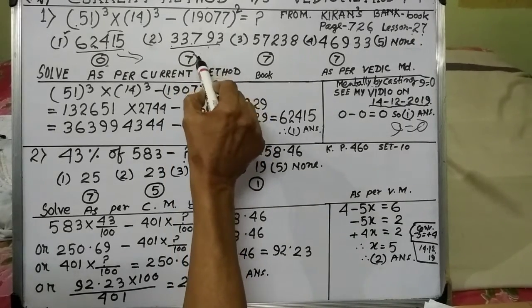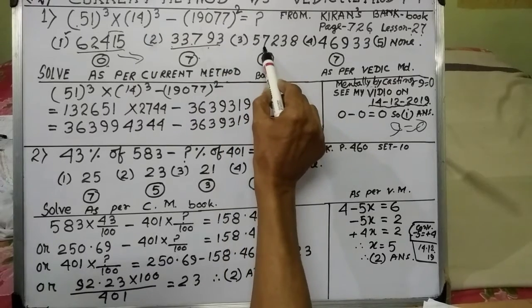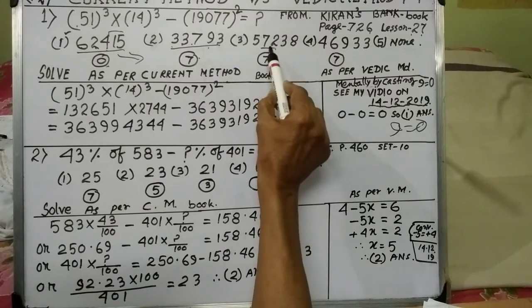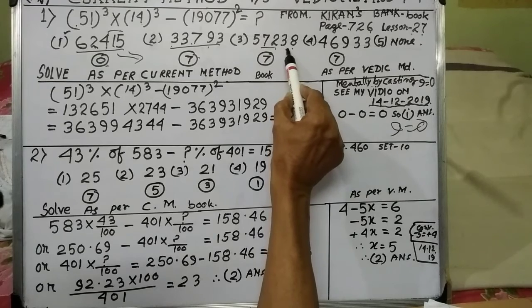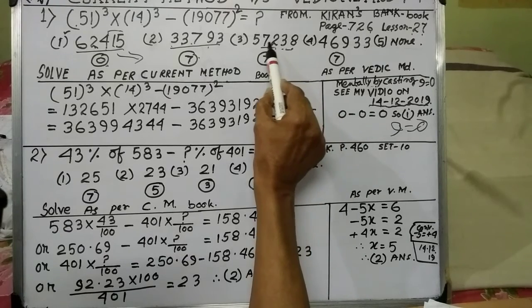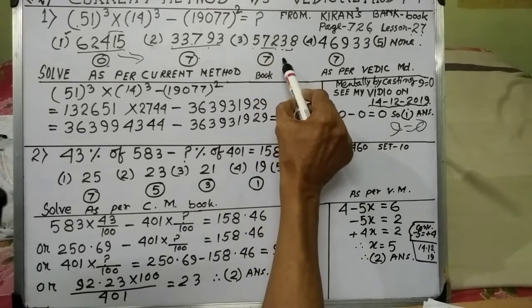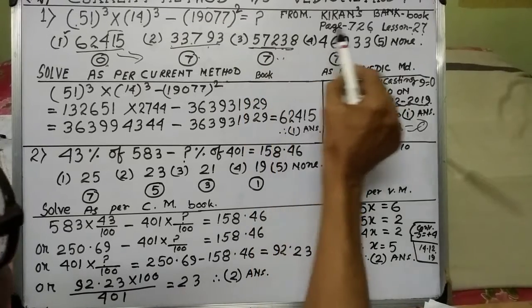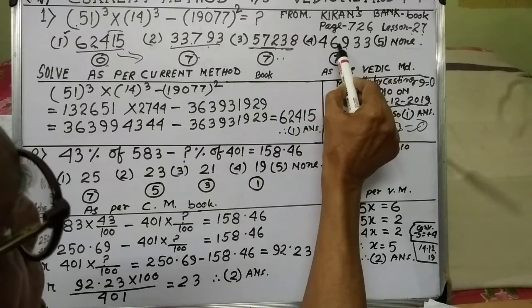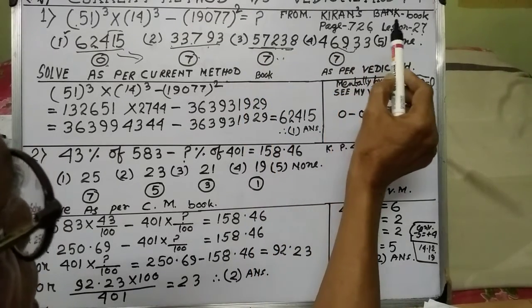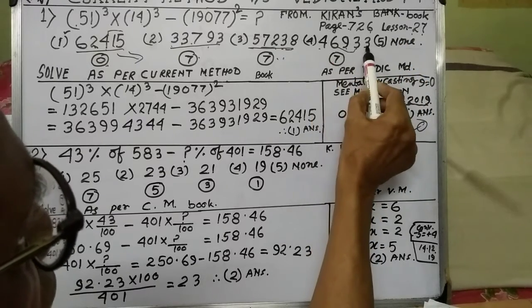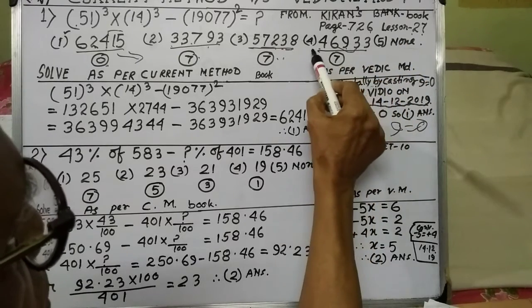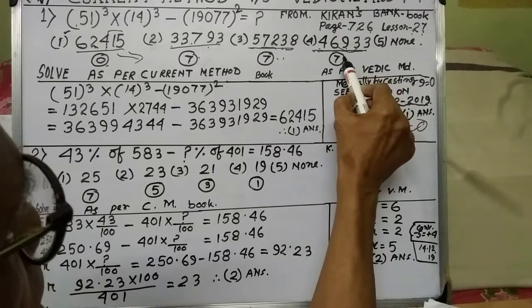So this casting is 7. Similarly, 7 and 2, 9 cancel, 8 take 1 from here, that is cancel, remaining 2, 2 plus 5, that is 7. Its casting is 7. And here 9 cancel, 3 and 3, 6 and 3, 9 cancel, 4 and 3, that is 7. So this number casting is 7.